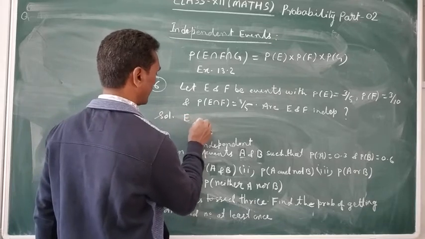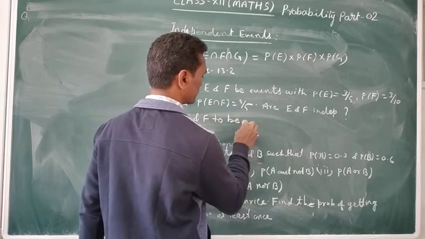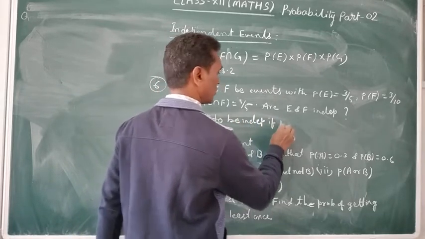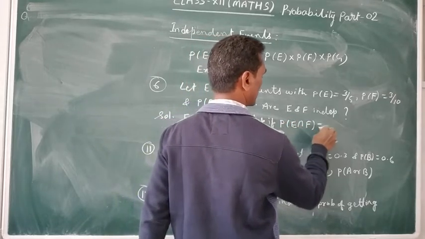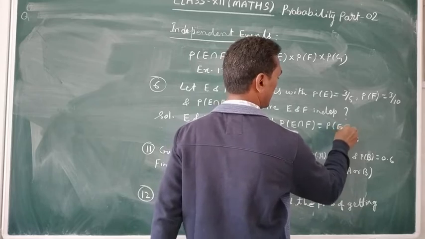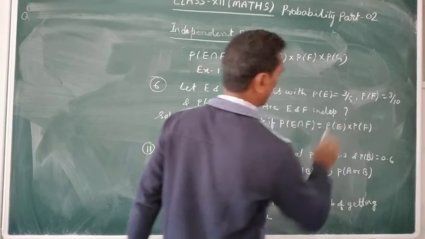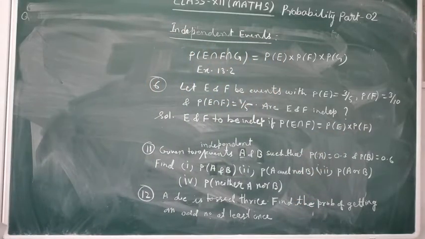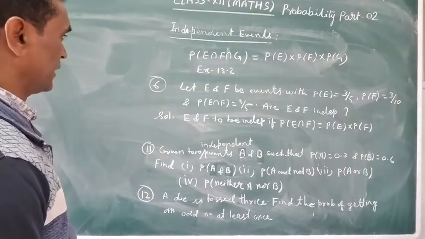The condition is probability of E intersection F is equal to probability of E into probability of F. Just we have to prove this, then the events are independent, otherwise not independent.